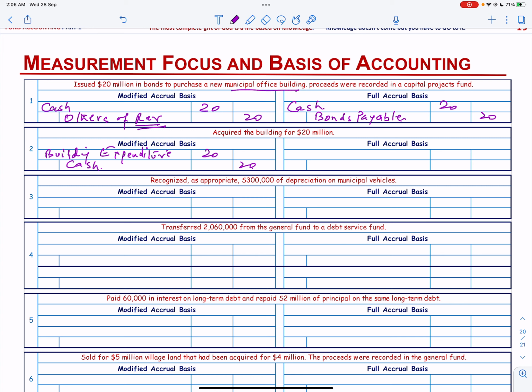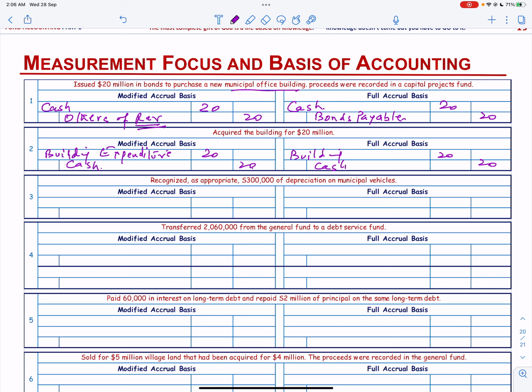Under modified accrual basis, and under the full accrual basis, building will be debit and not building expenditure, and cash will be credit for 20 million.